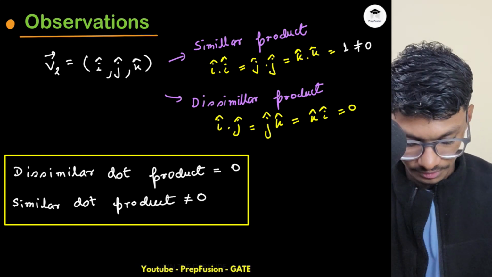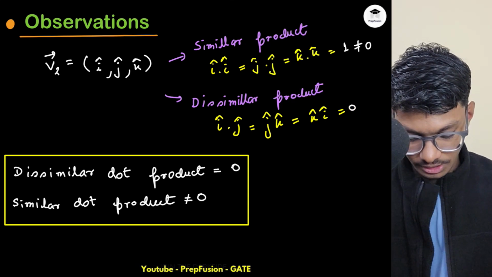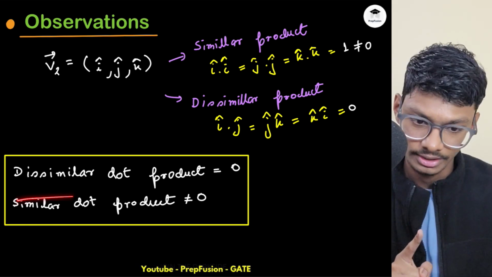So it is equal to 0 over here. The dissimilar product will be 0 and the similar product will be non-zero. So that is what is written over here.